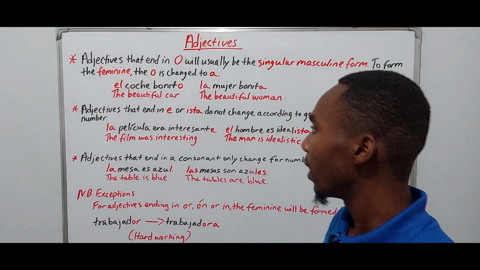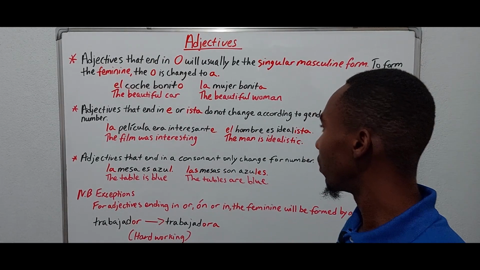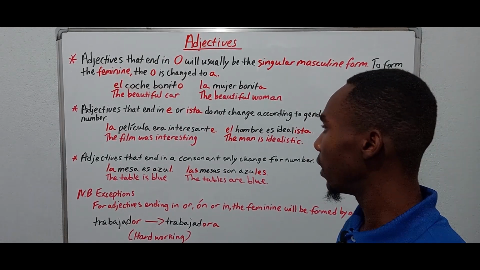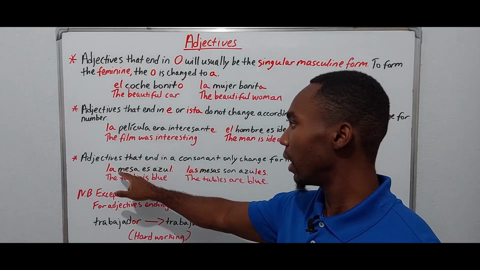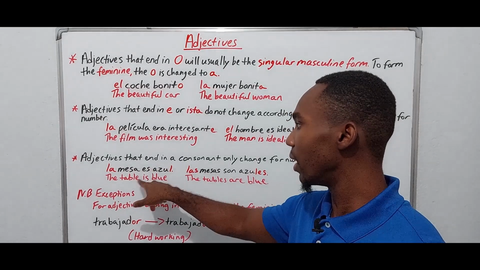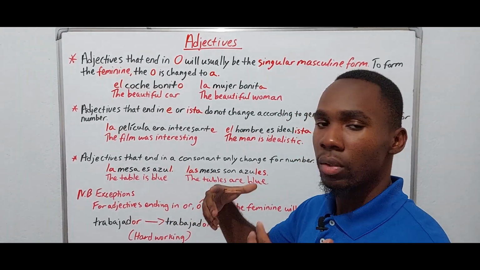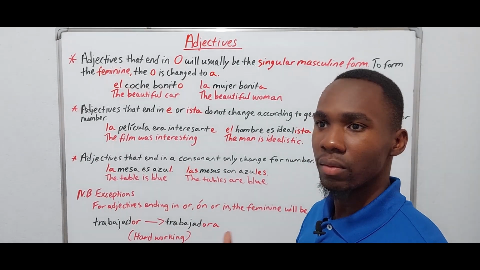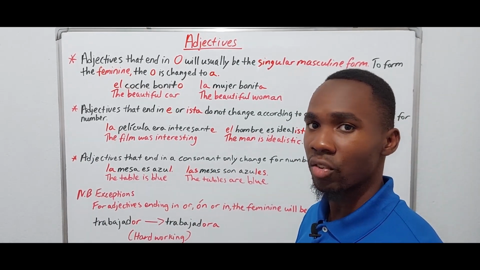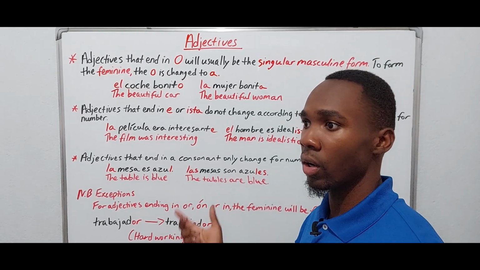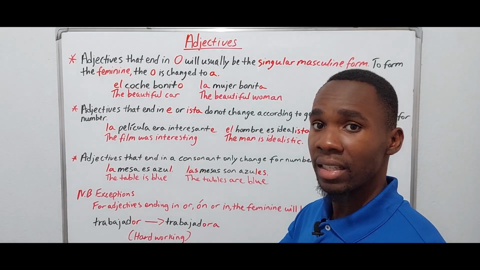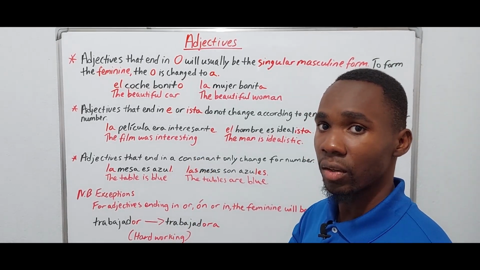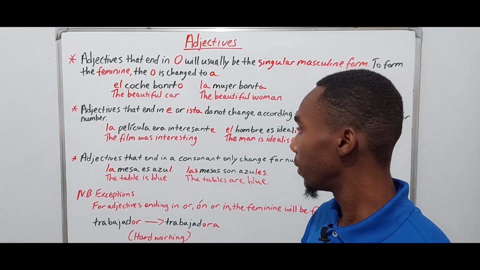Next part. Adjectives that end in a consonant only change for number, right? So you see here, la mesa es azul, the table is blue. Azul ends in L, which is a consonant, so that isn't affected by gender. So azul will be used for a feminine noun and a masculine noun. Of course, once it's singular.